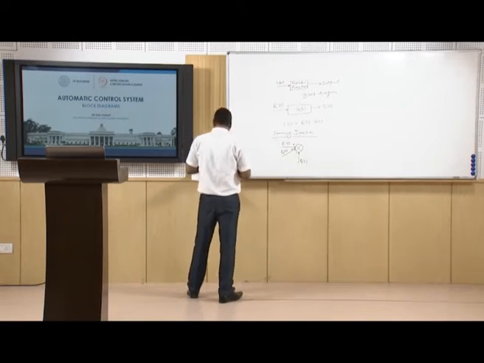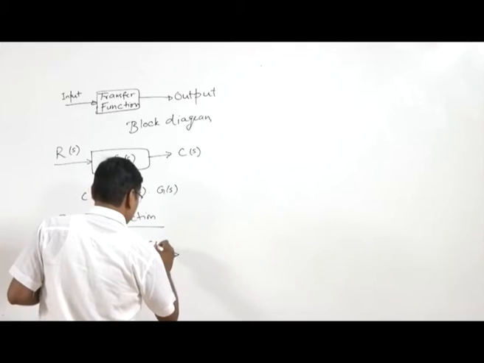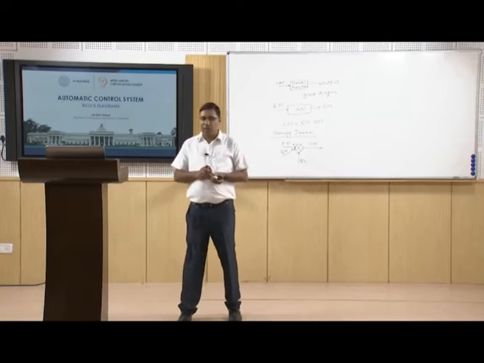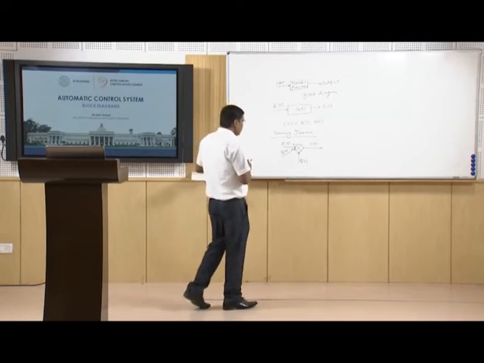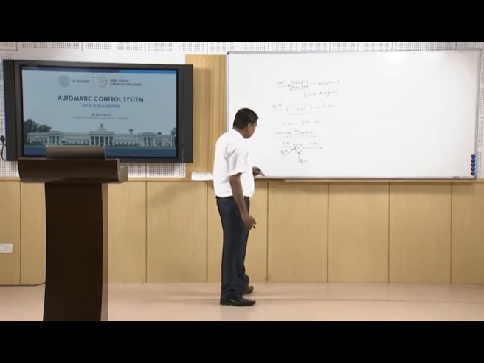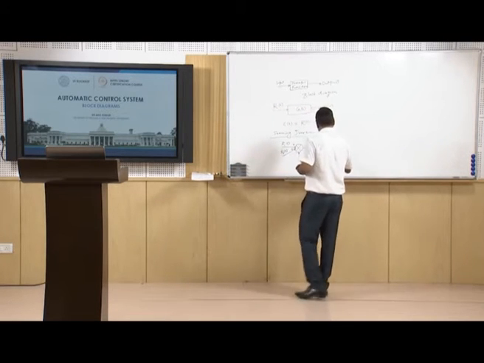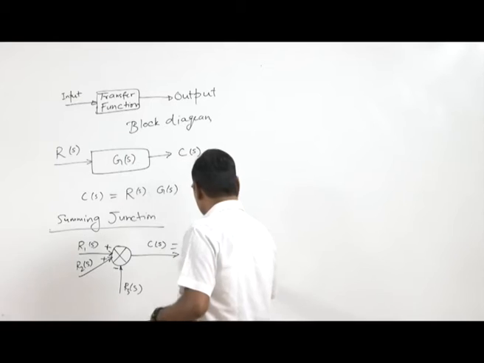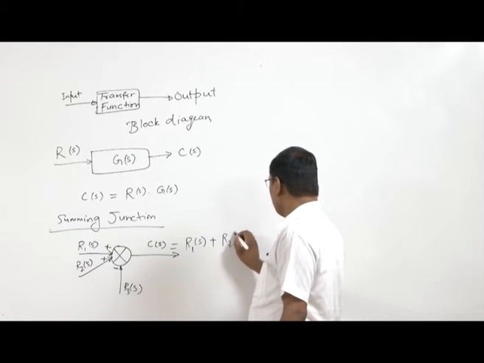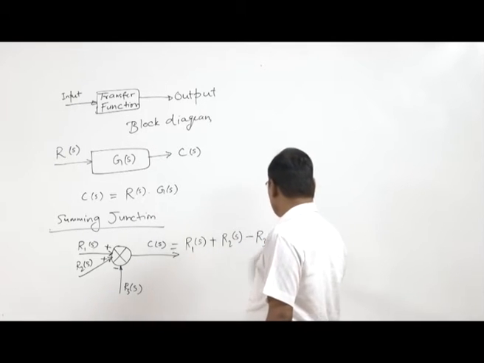So what will be the output of this summing junction? What output will pass from this summing junction if these three signals are coming at this point? So this C(s) will be equal to R1(s) plus R2(s) minus R3(s).